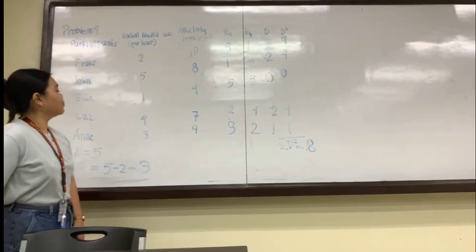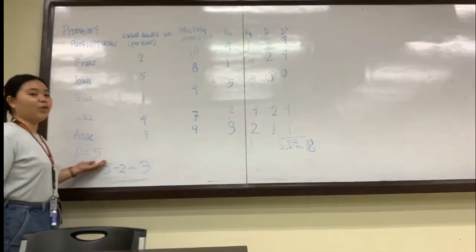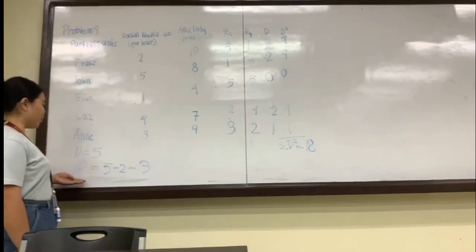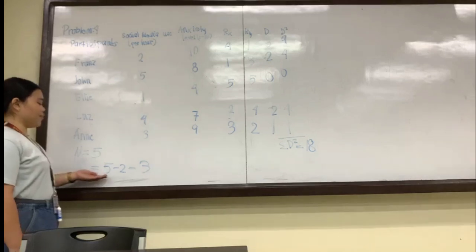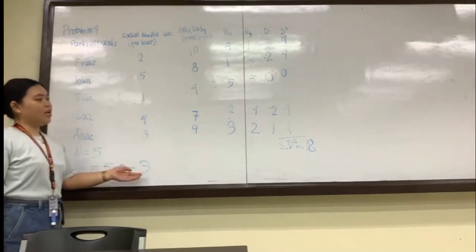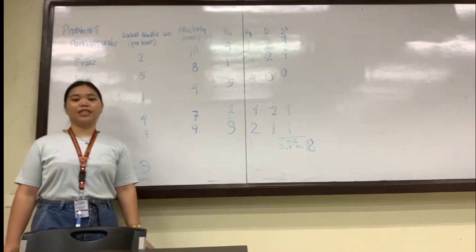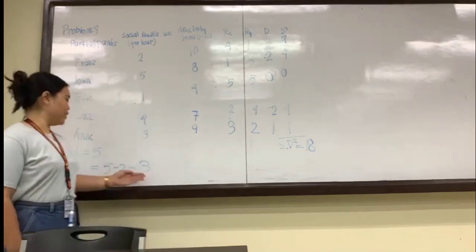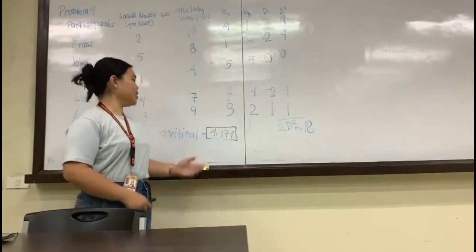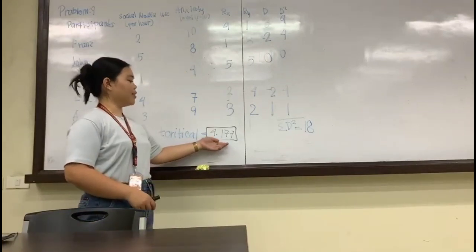So we find our n is equal to 5, our degrees of freedom is 5 minus 2 is equal to 3. So we should determine the critical value of this. Then our critical value is 4.77.